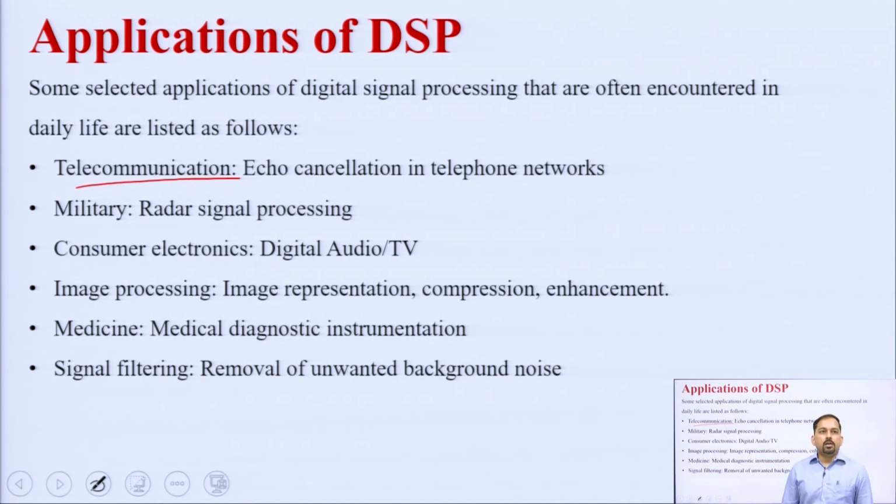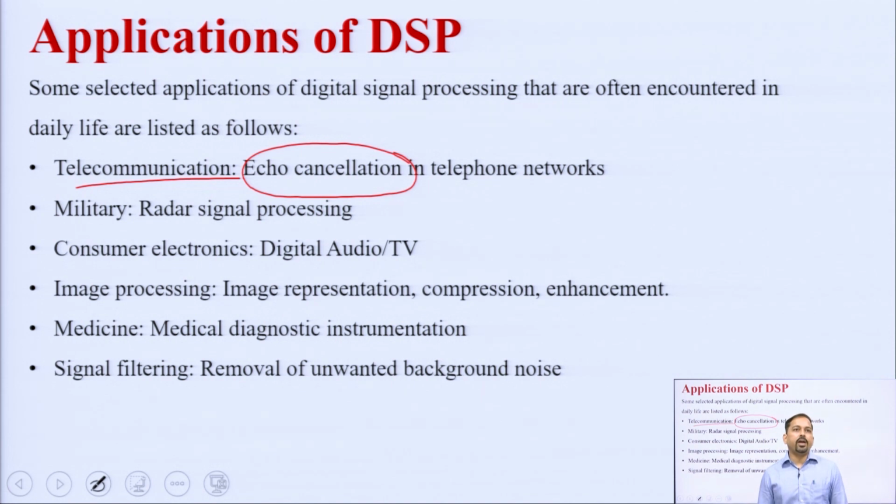For echo cancellation, when you are talking, the same voice interferes with the original signal, which creates an echo. With the help of digital signal processing, echo cancellation can be performed on the signals.